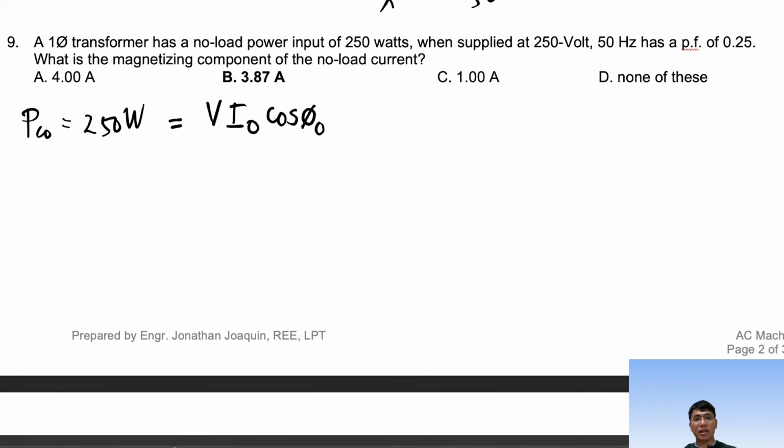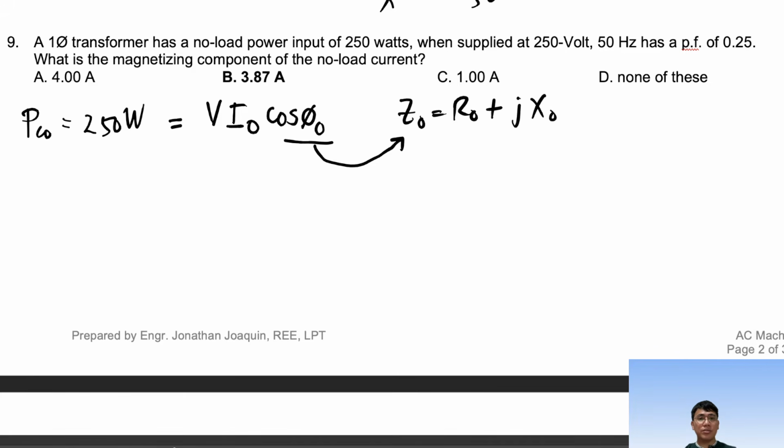So cosine theta is the power factor of our core. Okay. The core has an impedance. Impedance of the core is of course made up of the resistance of the core and the reactance of the core. That's the reason. V I sub naught cosine theta sub naught. And cosine theta sub naught is the power factor of the core.